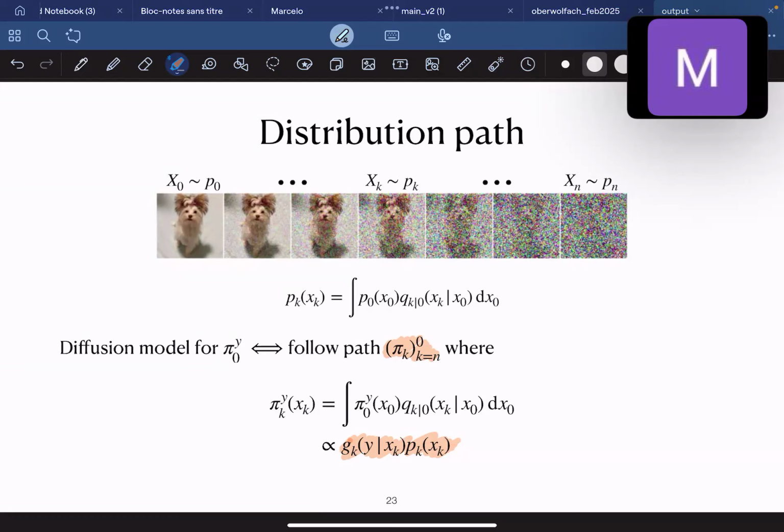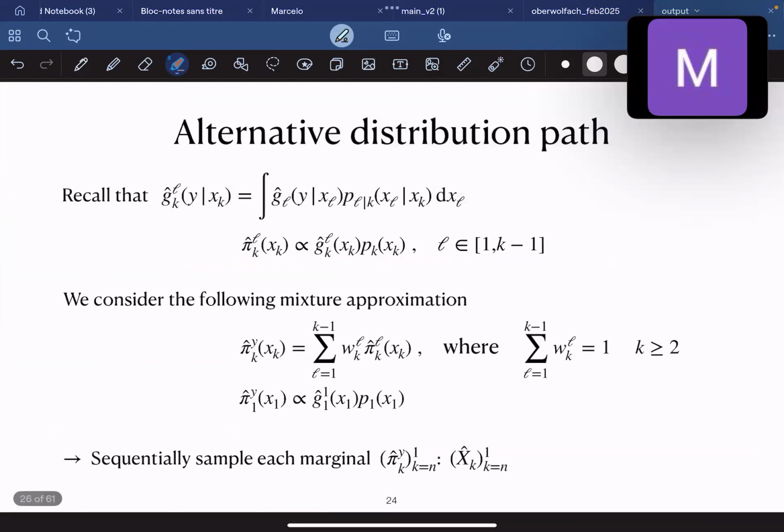Given that, I can simulate p_k easily, and I have the corresponding denoiser, and I have the k minus 1 approximation for the g_k.